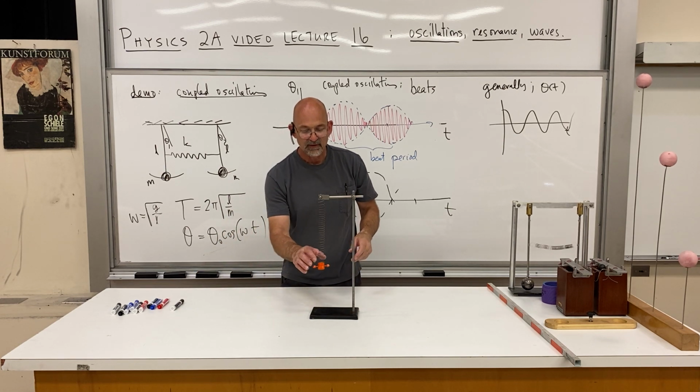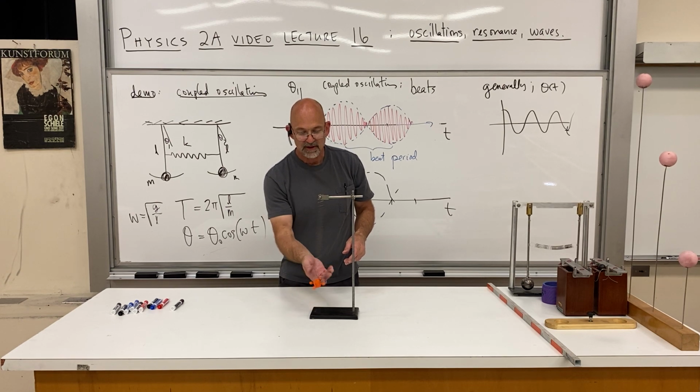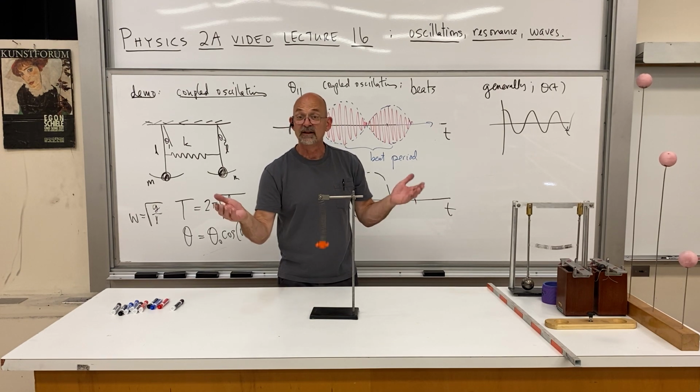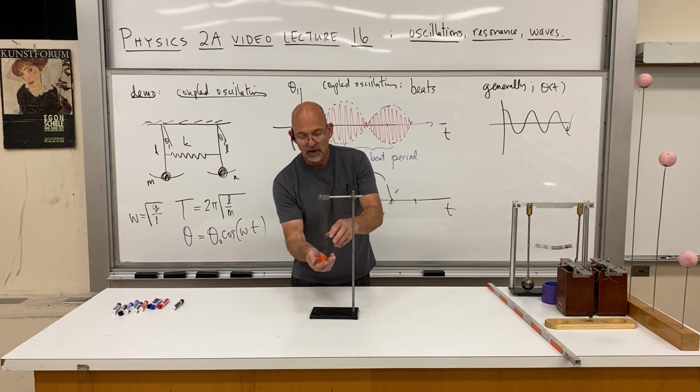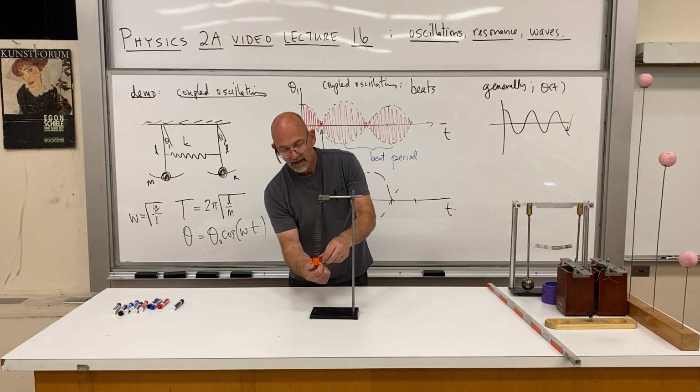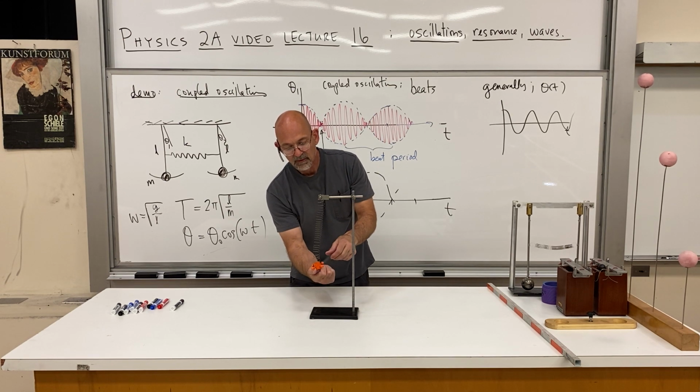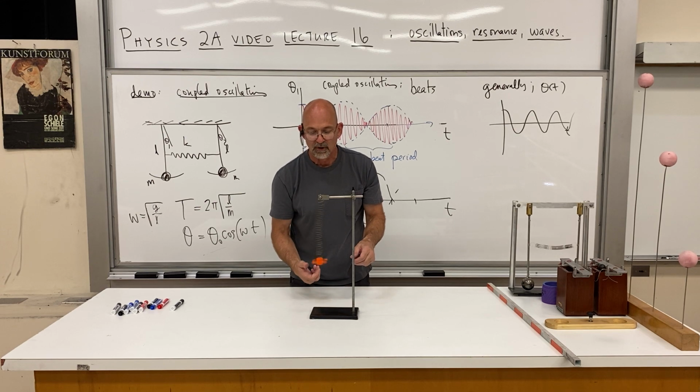Now, this demonstration I had out the other day, I'm going to explain it a little more. It has a vertical mode, up and down, the mass on the spring. You guys had that in your lab. But it also has a torsional mode, so I can just twist the heck out of this spring and let go, and it's got a torsional motion.